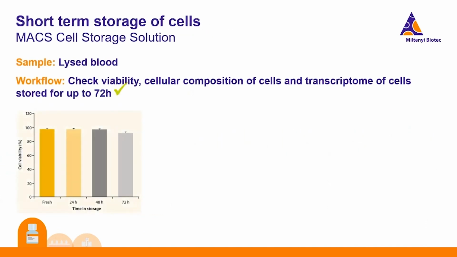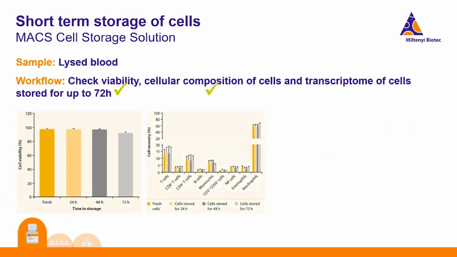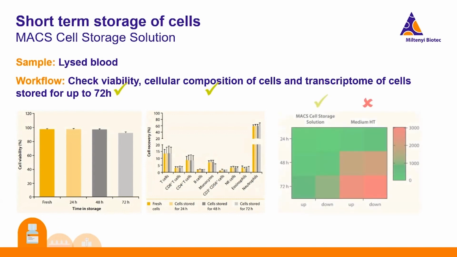So here as well, we checked for viability, and we see that even after 72 hours, our viability is still in a very good range. Cellular composition looks also great in this regard, even after 72 hours. And here as well, we had a look at the transcriptome of the cells.